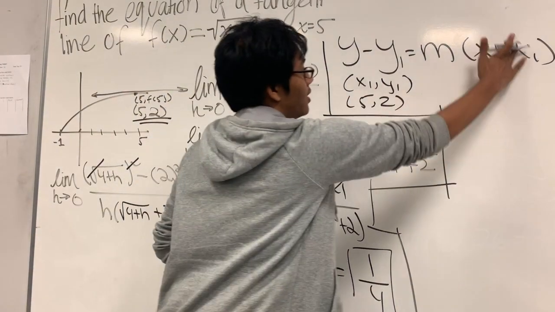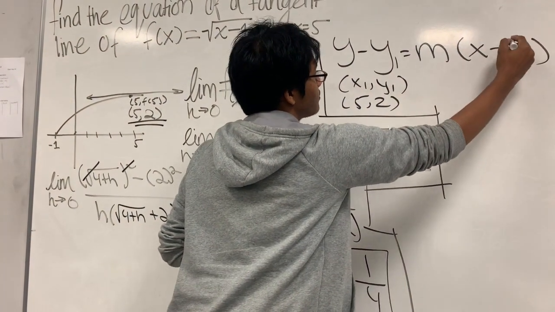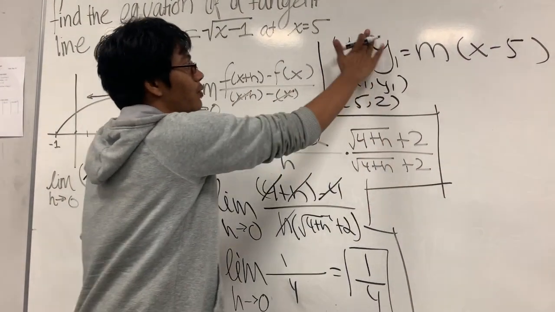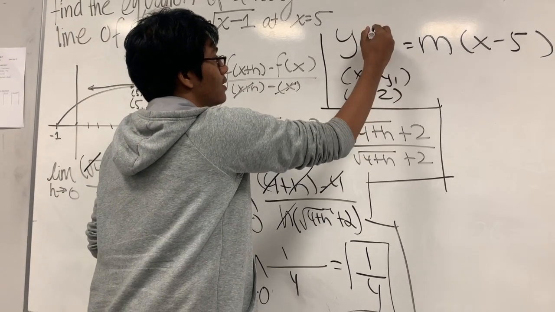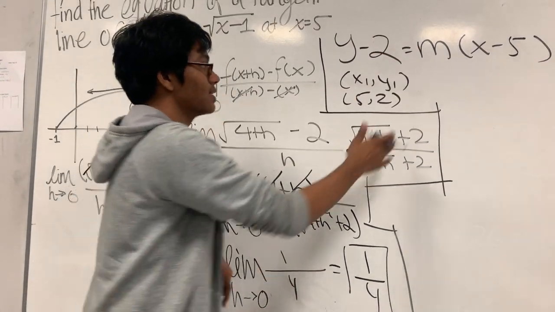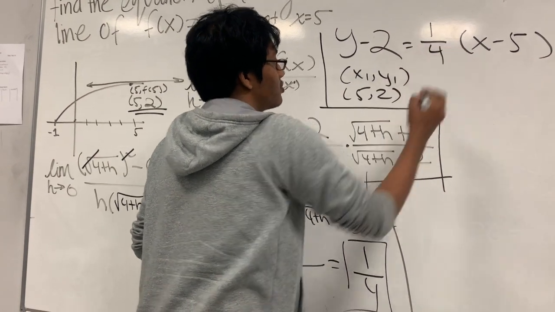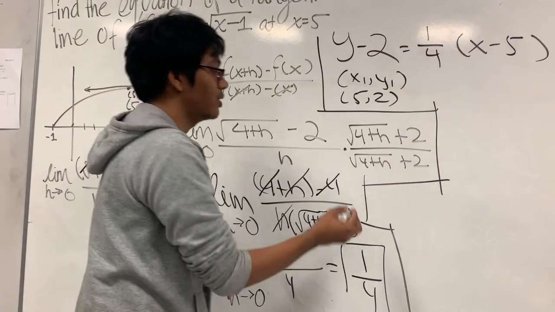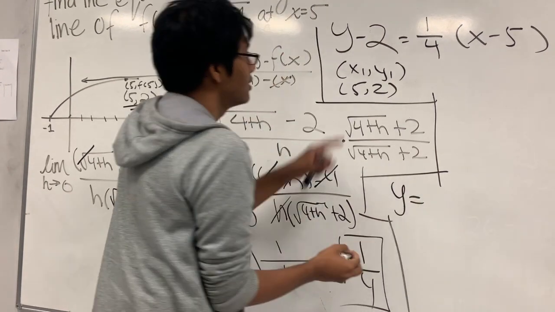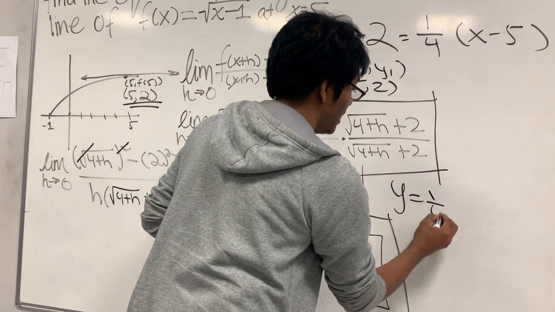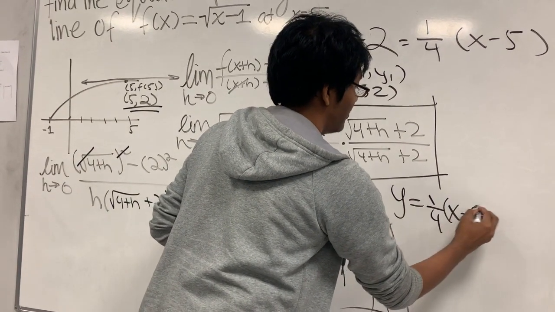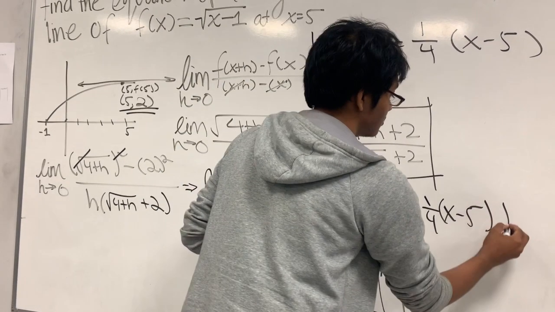So instead of x1, put 5. Instead of y1, put 2. And for the slope, we can just plug in 1 over 4, right? And of course, since we're finding the equation of a line, it's imperative we isolate y. So we get 1 over 4 times x minus 5, plus 2.